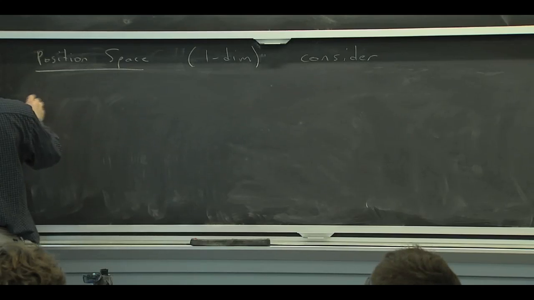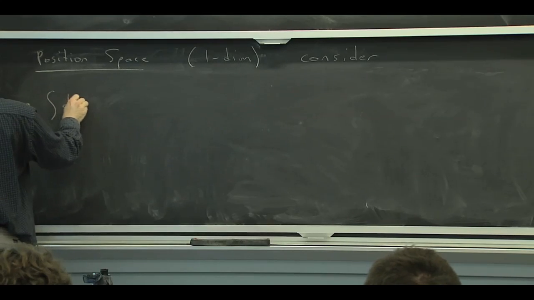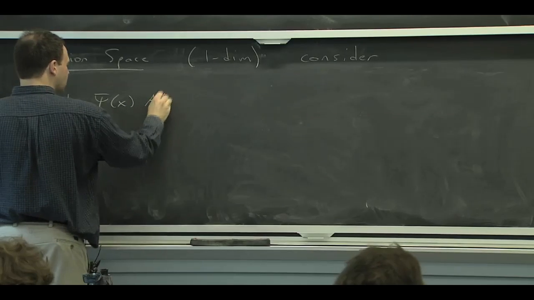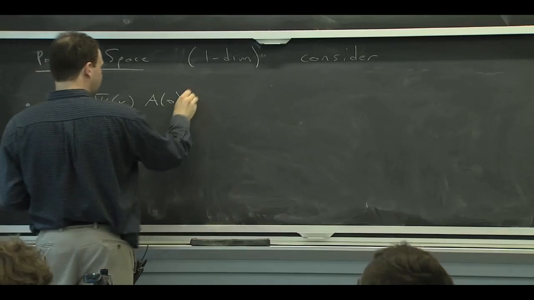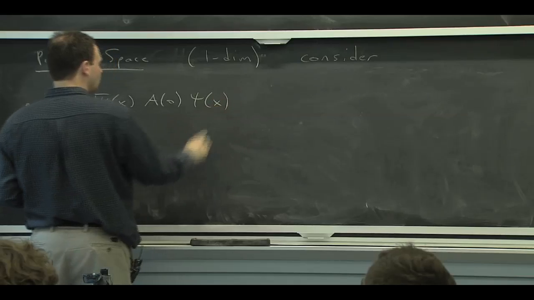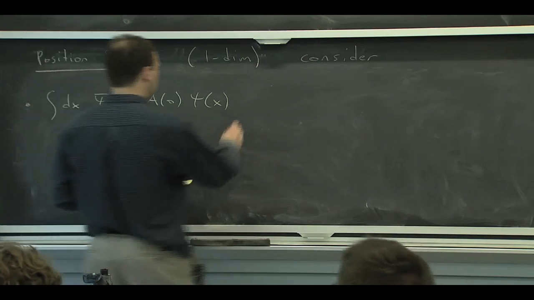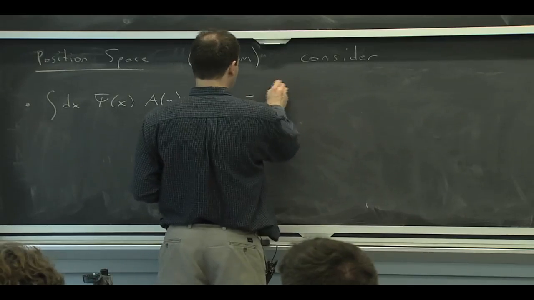So let's consider the following. Consider an integral dx psi bar of x, A of 0, psi of x. So one of the fields I stuck at 0. I expanded out the coordinate around 0, whereas the other ones I kept the x. Okay, let's see what this does for the momentum space by Fourier transforming it.